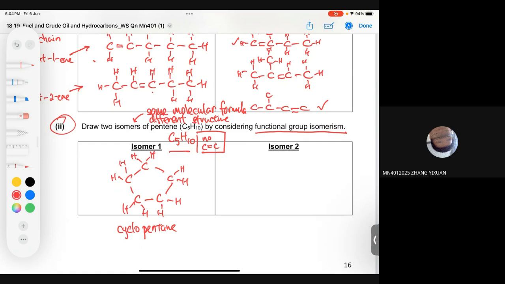Anyone to make a guess? Asan? C5H10, I want to have another isomer. How do you think the structure will look? I give you a clue: it must be cyclo.